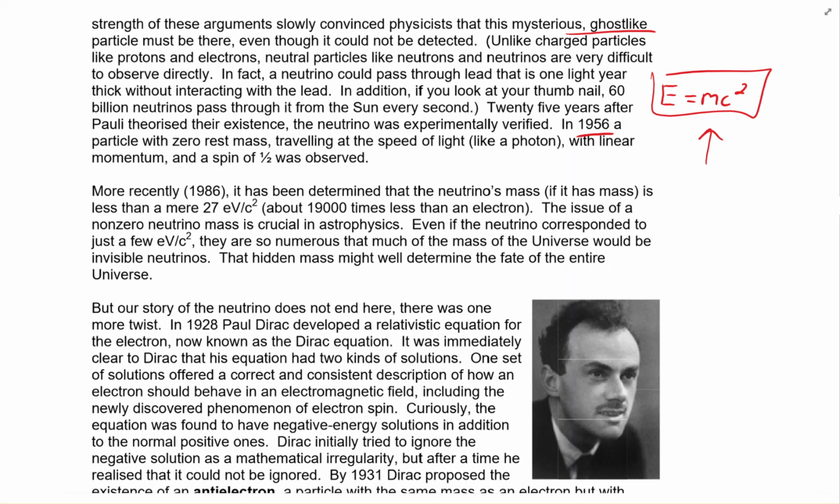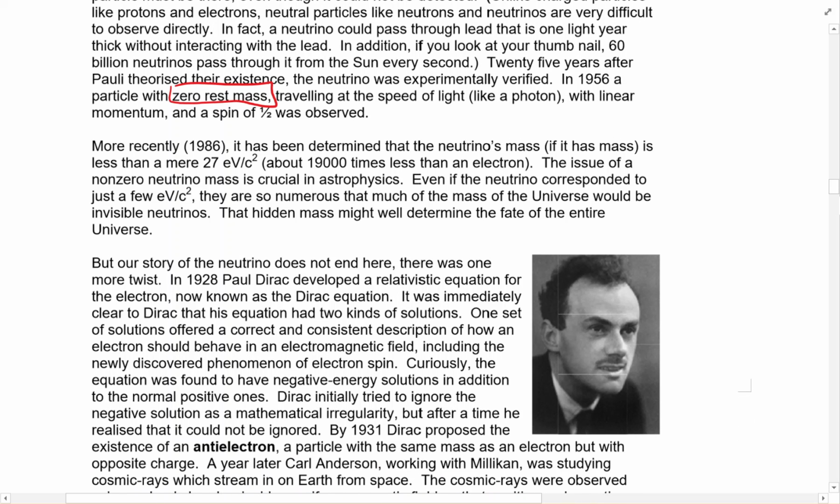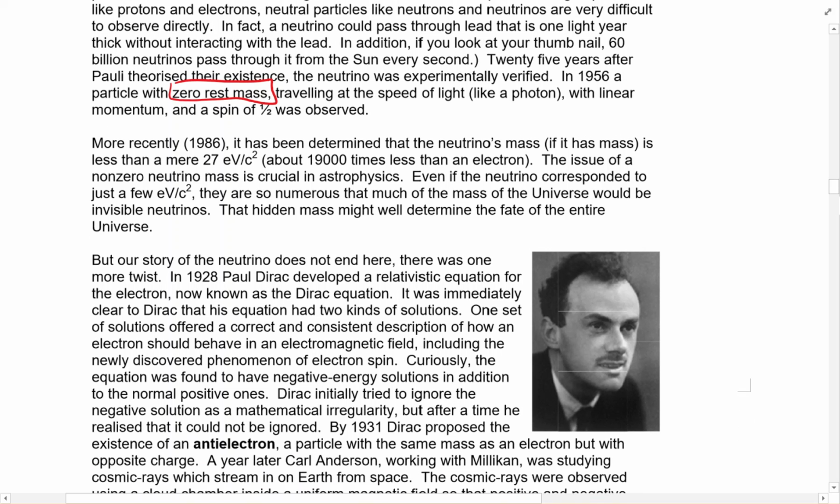So it gets kind of confusing. It's called relativistic mass, or mass energy. But we won't talk about that. We can just say when it's not moving, it has a 0 rest mass. So we'll just keep things simple. Simple. It's probably not that simple.